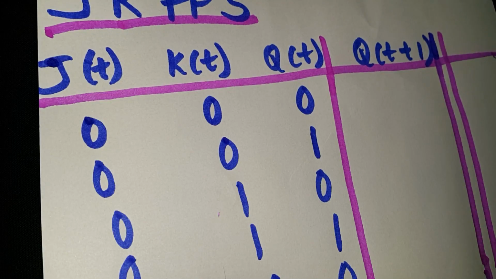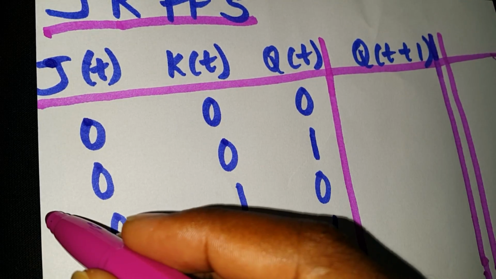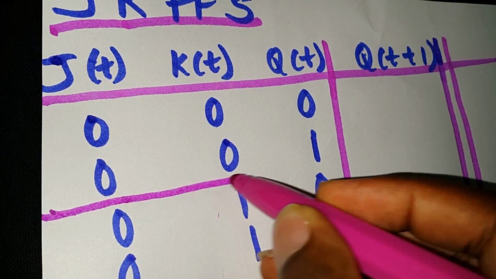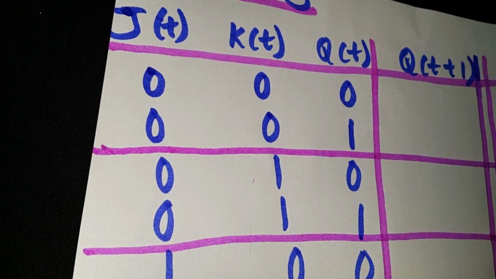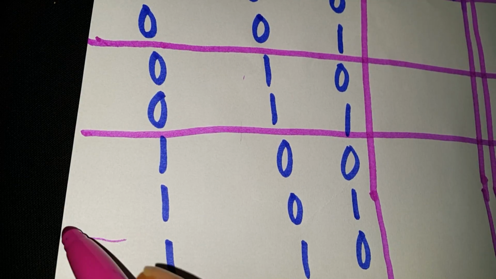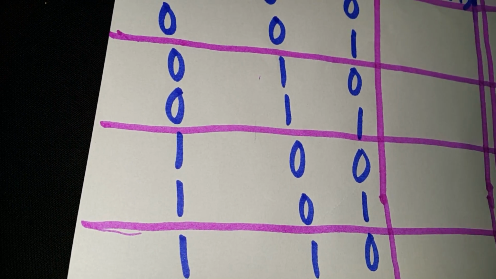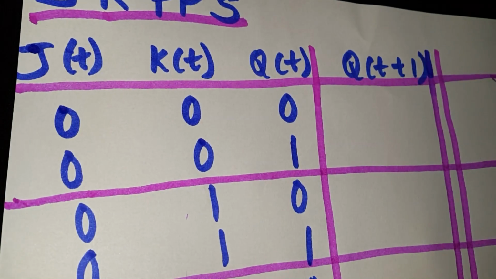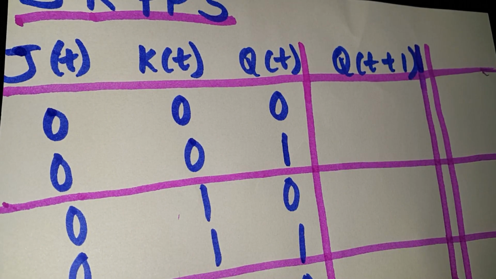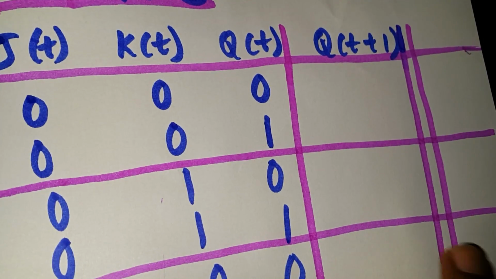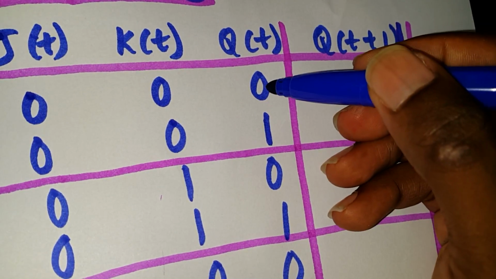But for JK, this is a block, second block, another block here. Yeah, so for JK we also have the same thing here.